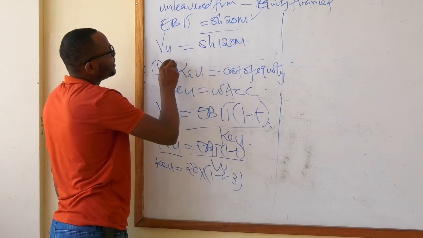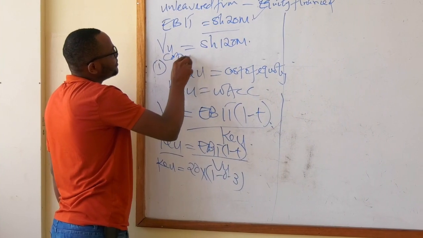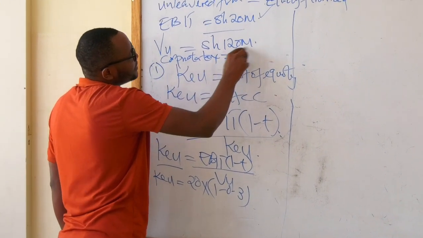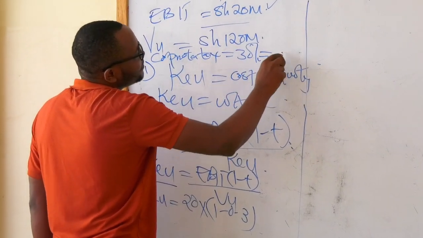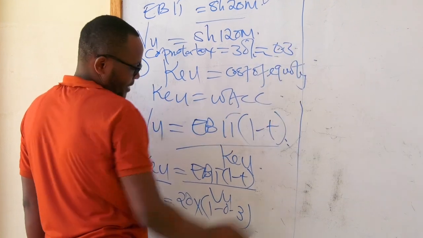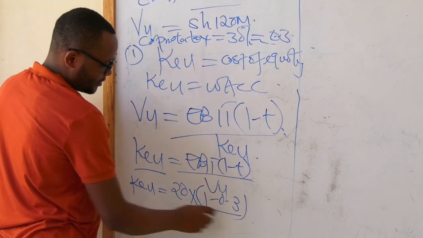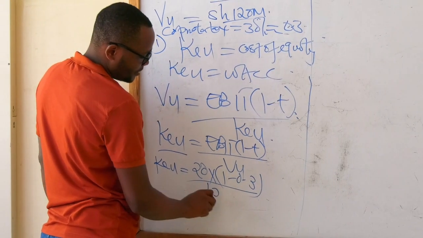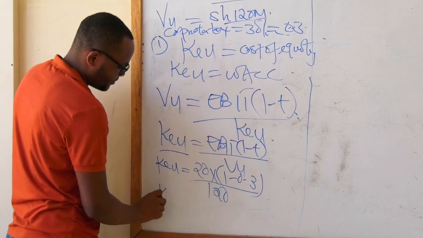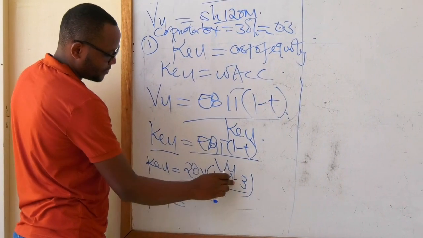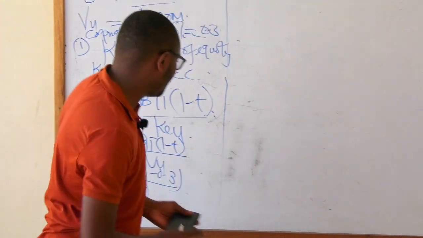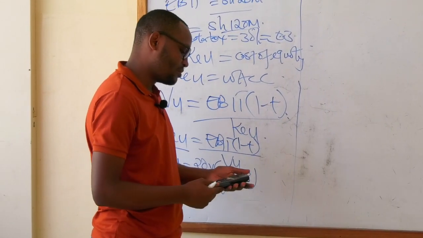We had the corporate tax, which is equal to 30%. That percent is the same as 0.3. So this one we are going to subtract, all over the value of the firm. The value of the firm is 120 million. So Ke is equal to, you don't need to open the brackets that way, because you know multiplication.